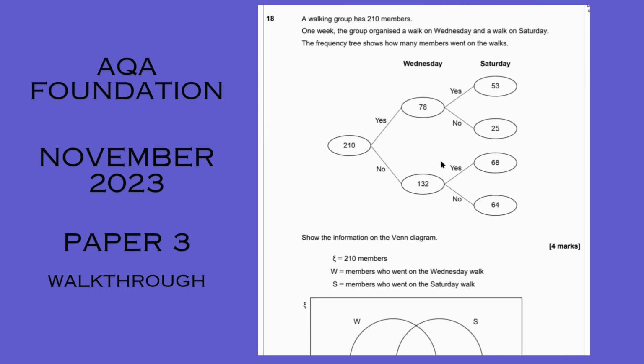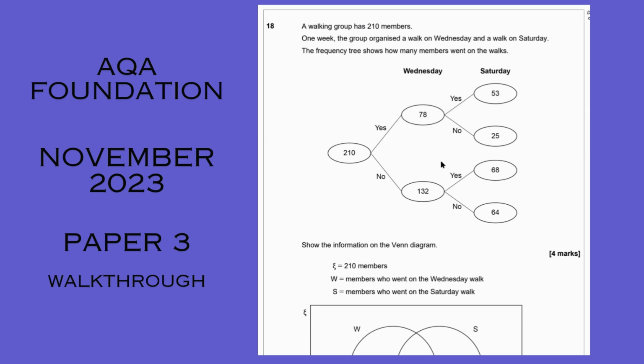So a strange one, linking good old frequency trees with no one's favourite Venn diagrams, but here's how you think about it. So the walking group, they walk Wednesday, Saturday. So the idea is a yes and a yes means both. Or in other words, intersection. I'll squeeze it in down there.